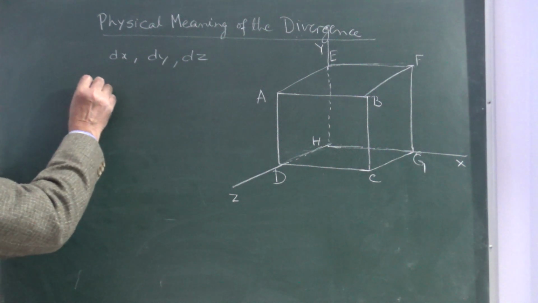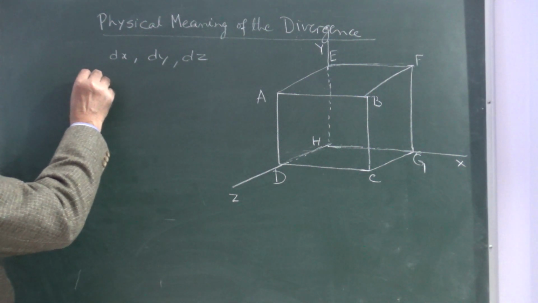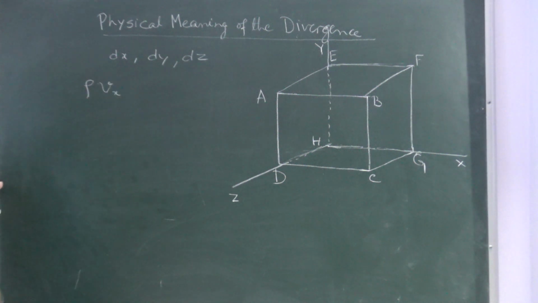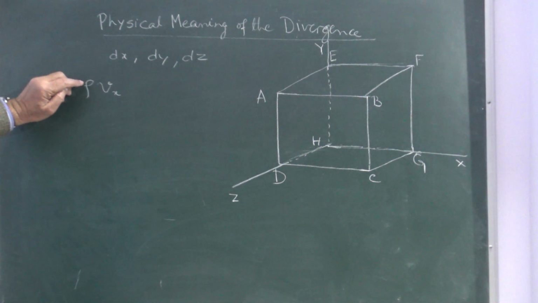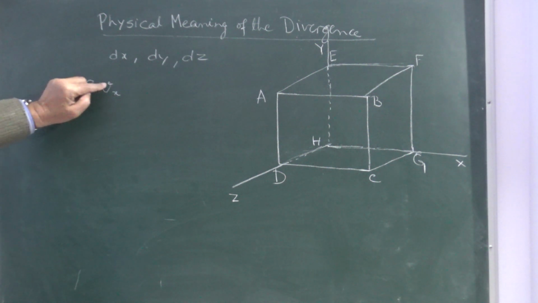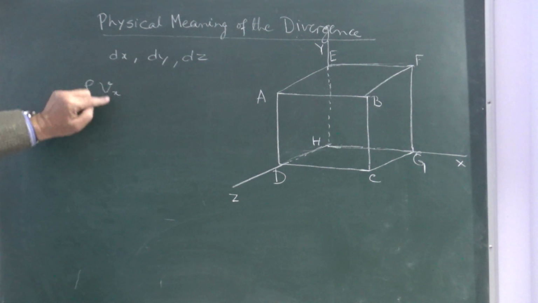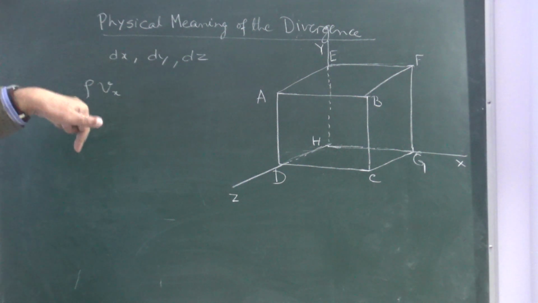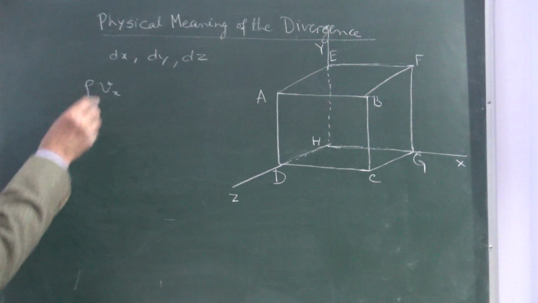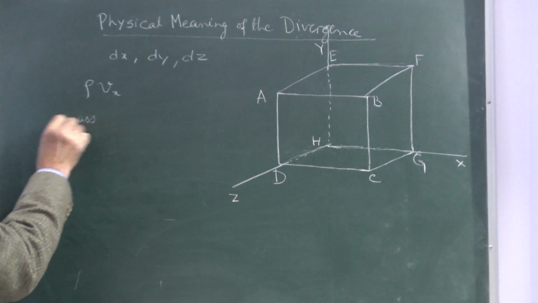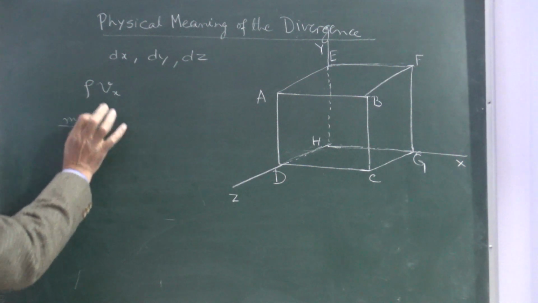If we multiply the density by the velocity vx, this is mass per unit volume times length per unit time. Velocity is distance traveled divided by time taken.